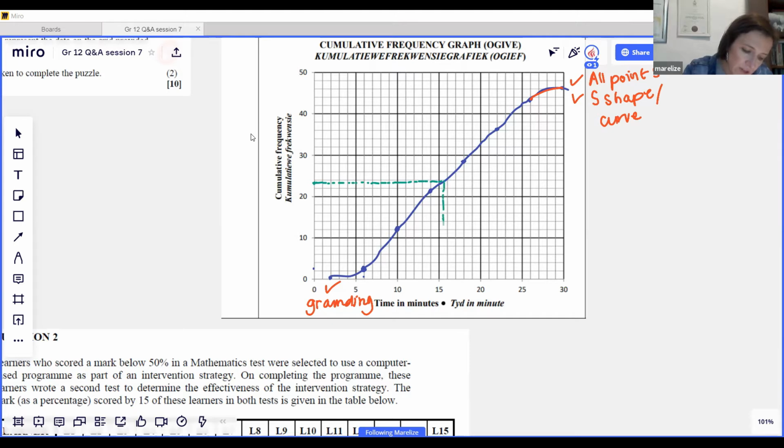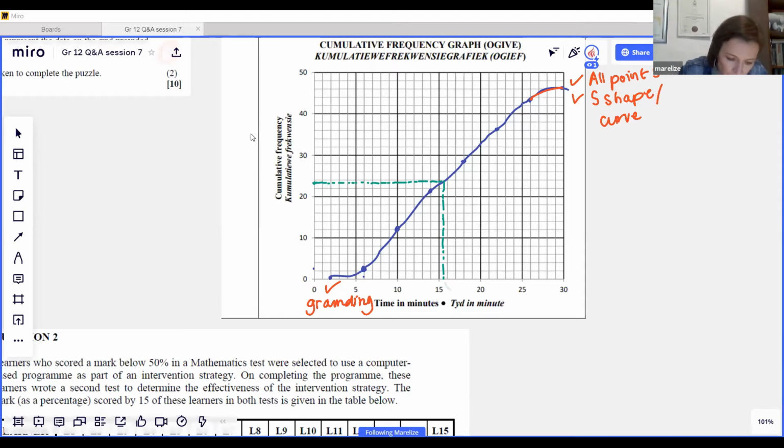And you drop down, and this is exactly what you do in your paper, so that you can show the marker, no matter what you did with your graph, even if you messed up a little bit, that you know how to find the median. It's the 23rd data value, and then you take a reading. It looks like it is 15 and a half.